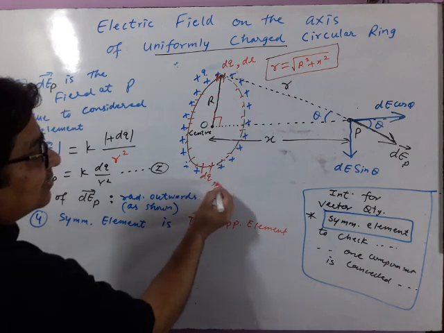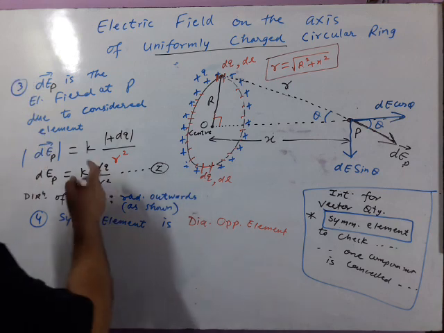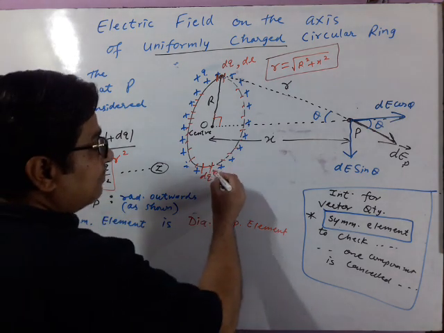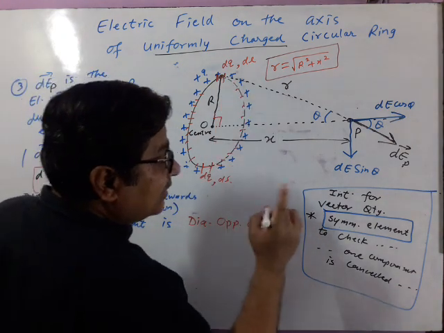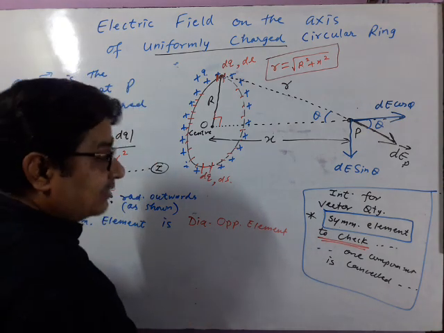Same charge, same length. So what is a symmetrical element? Having the same magnitude of electric field as well. This is only to check which component is cancelled or not.